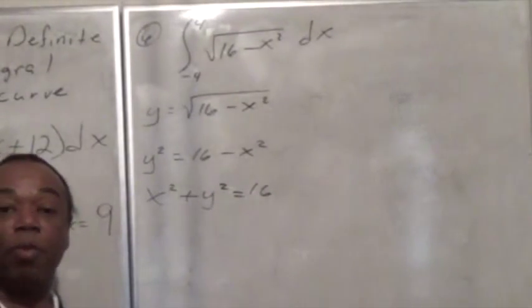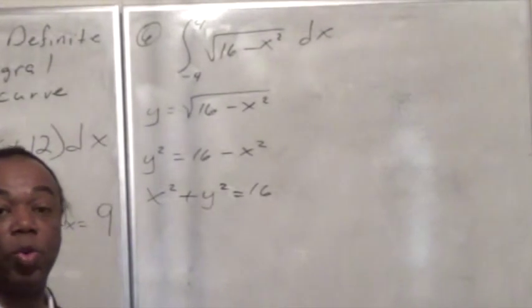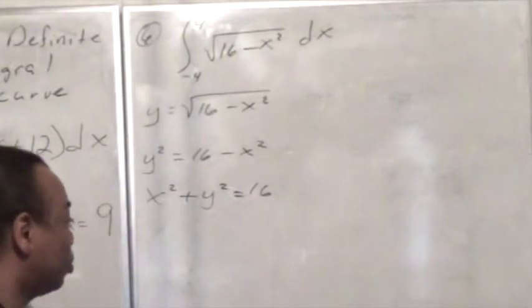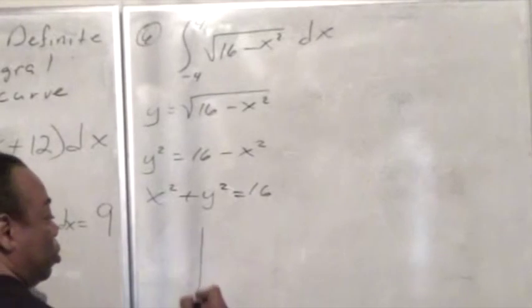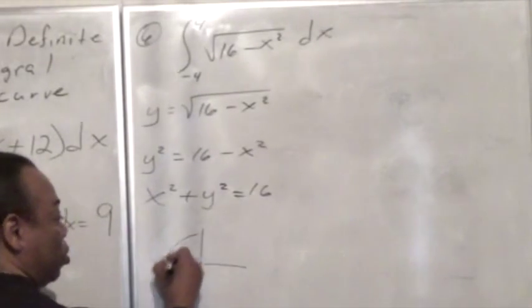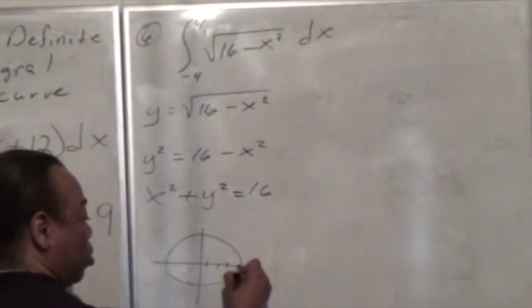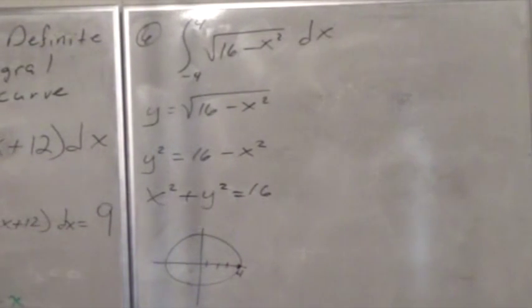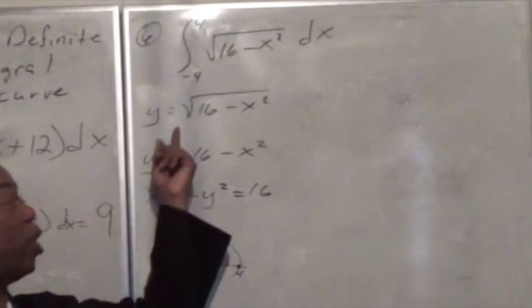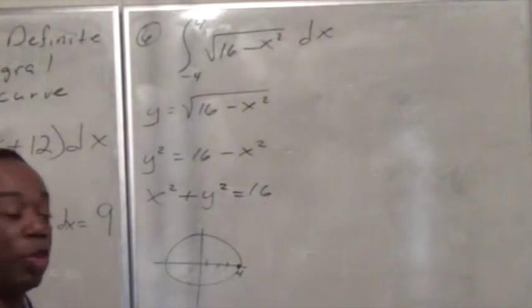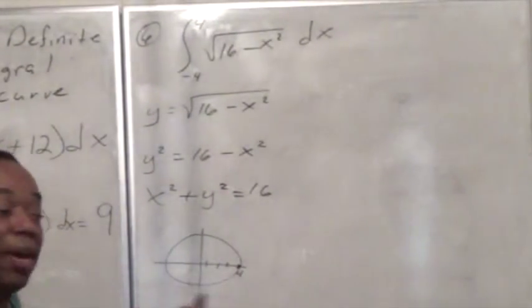This is the general form of a circle, where the radius is 4. The original function was only positive, therefore we do not have the bottom half of the circle.